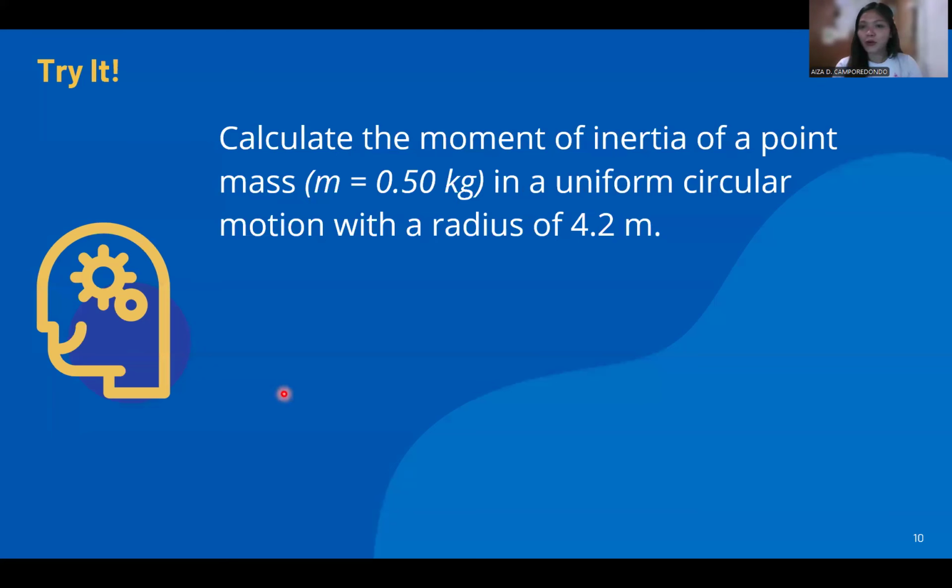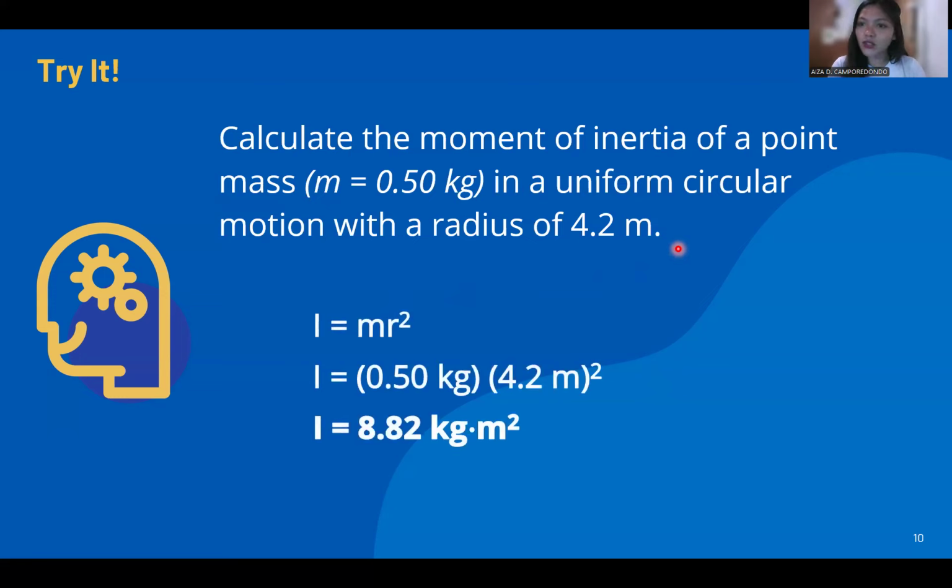Another example right here. Let's calculate the moment of inertia of a point mass with a mass of 0.50 kilogram in a uniform circular motion with a radius of 4.2 meters. In this case, we again use I equals mass multiplied by radius squared, and we substitute the values of the mass and the radius.